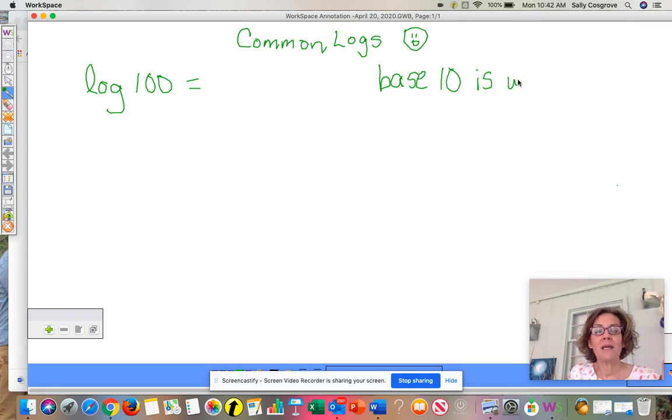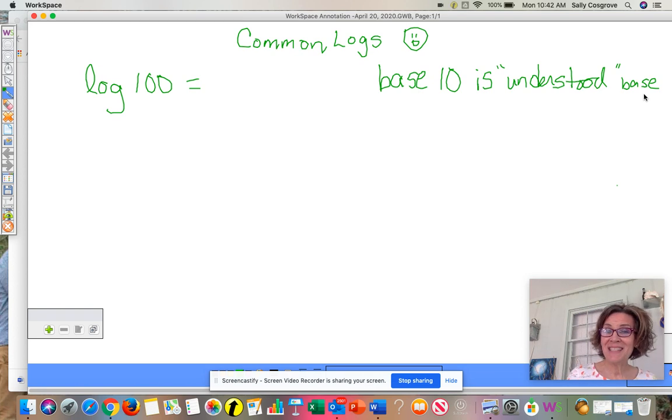Base 10 is the understood base. Now, good news. All of the properties that you learned about last week and the week before are still the same that we're going to use with base 10.